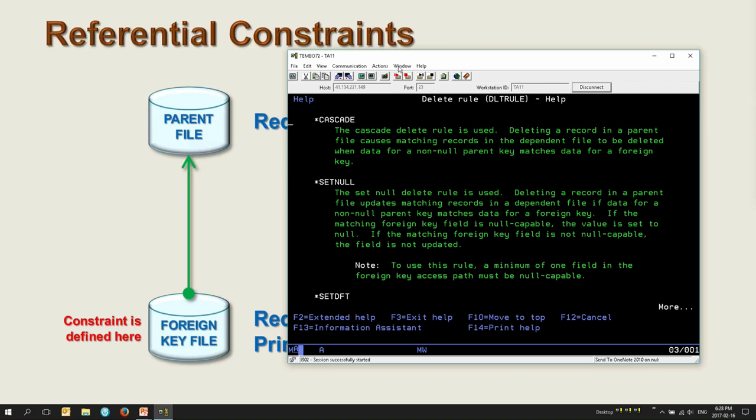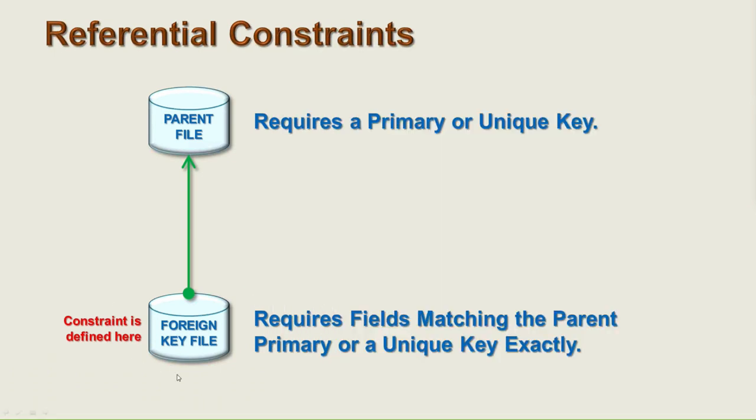They can make sure that you cannot put a record into a foreign key file if there isn't a record in the parent file. I can make sure you can't delete a parent record if there are foreign key records there as well. These are all parts and parcel of the validation of the database that you can remove from your code because you don't need it anymore because the database is managing these types of relationships.